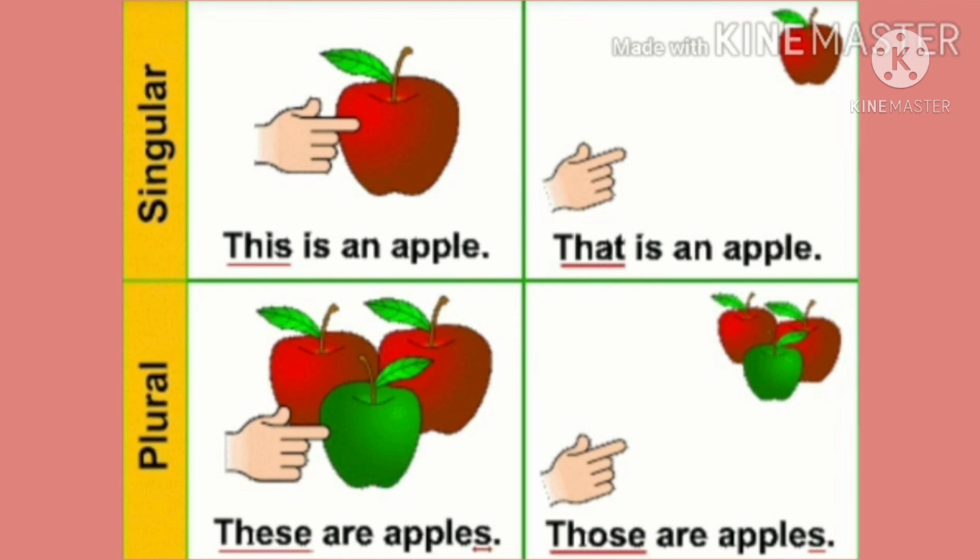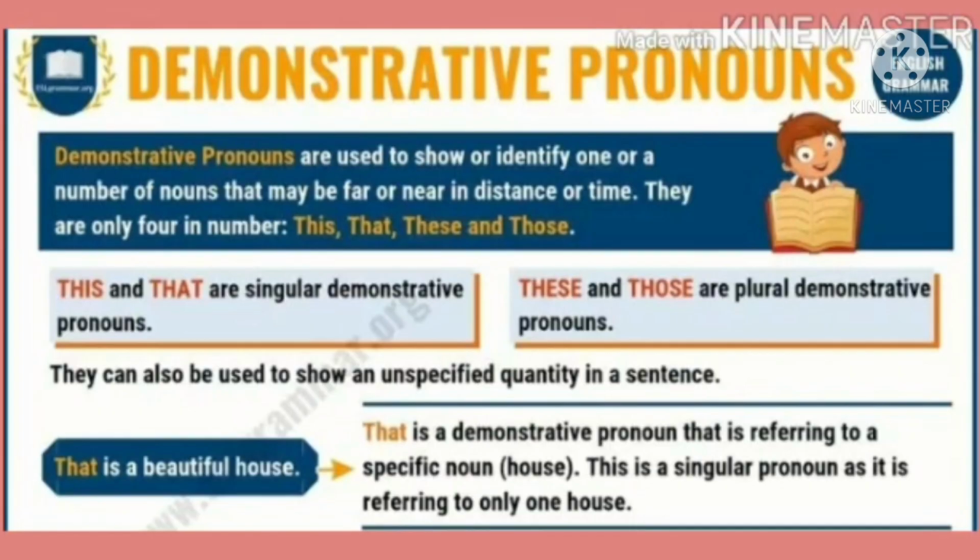Like this and that are singular demonstrative pronouns, where this refers to near objects and that refers to the object placed far. And these and those are plural demonstrative pronouns, where these refers to the near objects and those refers to the objects placed at a distance.